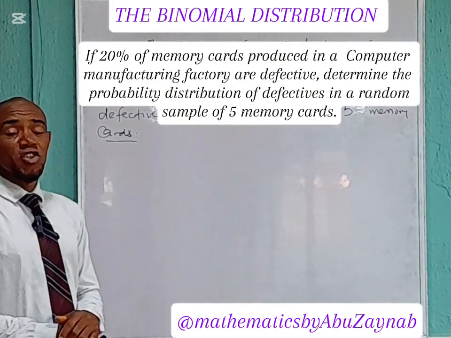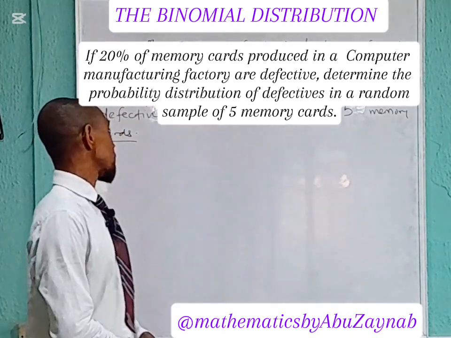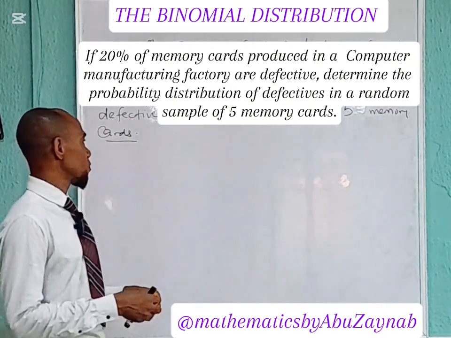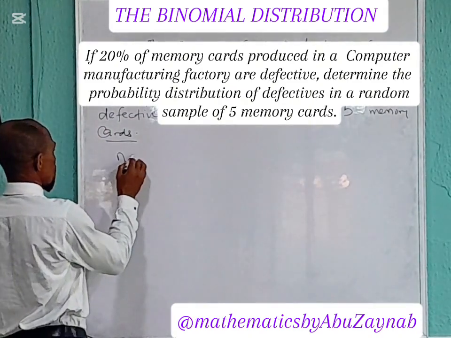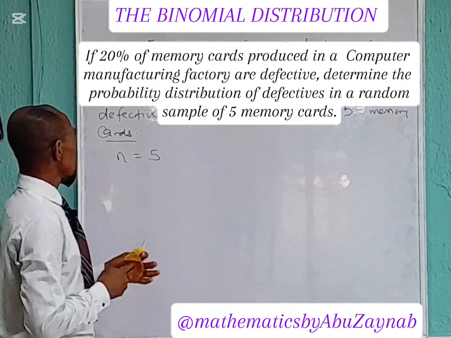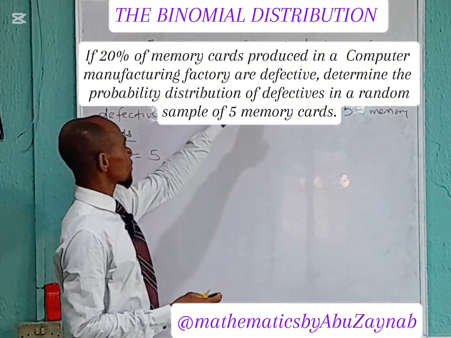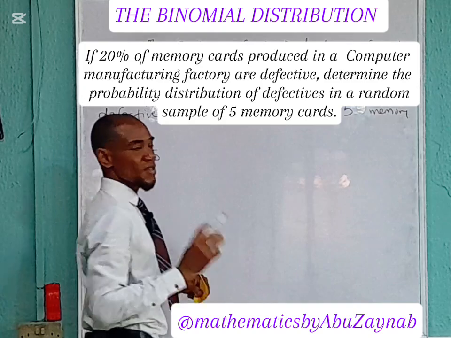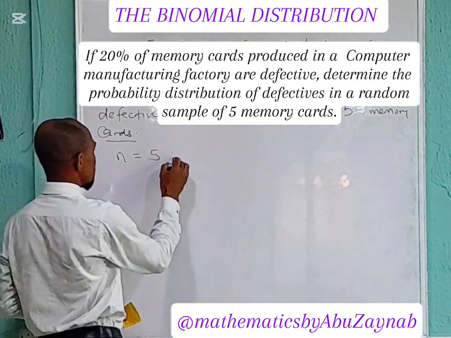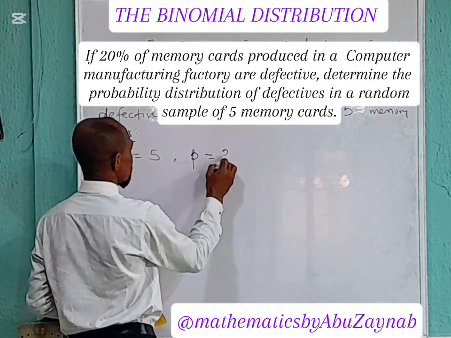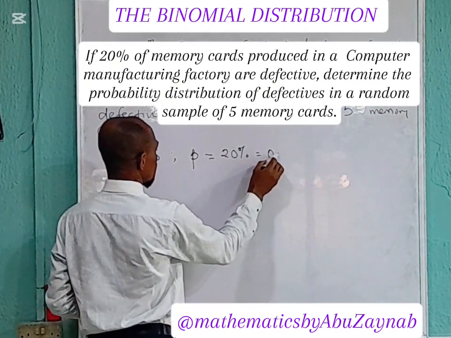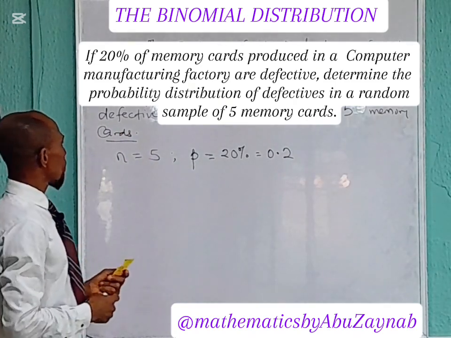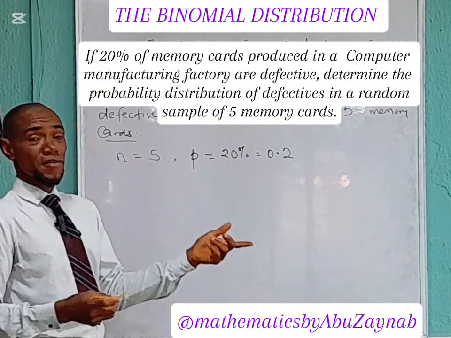To start with, for binomial distribution, there must be n fixed number of trials. So in this case, our n is actually 5, 5 random samples. So we have n equals 5. And we are told that 20% of memory cards are defective. So the word defective here represents the success. And that means the small p will be 20%, which is 0.2. That's our small p. Then we can conclude that you have defective or non-defective.